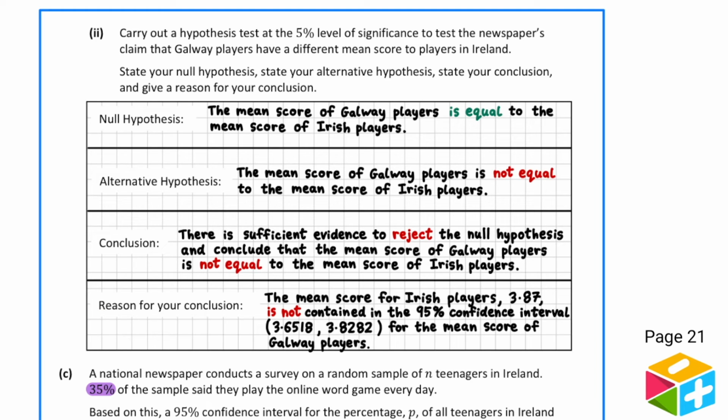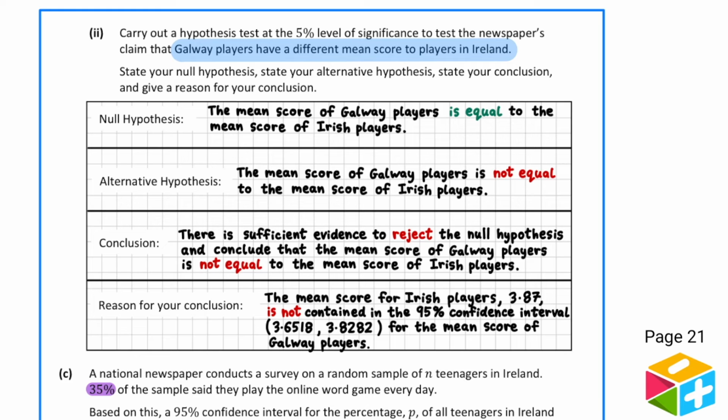Well, the newspaper's claim is that Galway players have a different mean score to players in Ireland. So we're interested in comparing the score of Galway players versus the overall average of all Irish players.